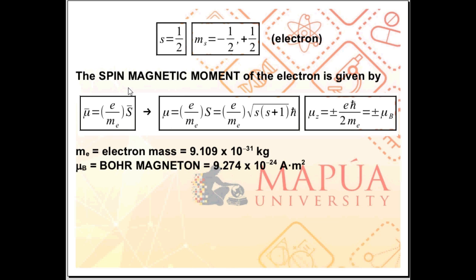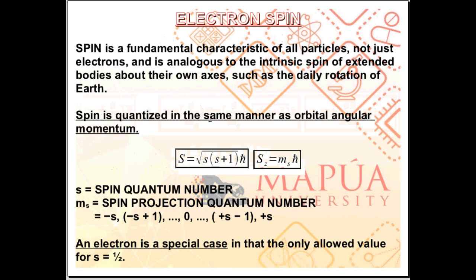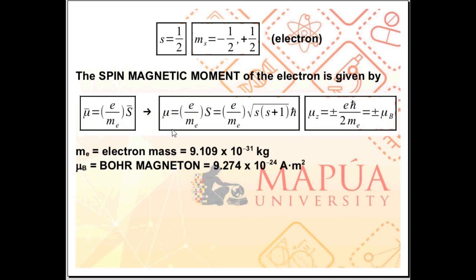You have the spin magnetic moment mu. The magnitude of mu is given by mu equal to e over me times the magnitude of S, and the magnitude of S, you will recall, is the square root of s times s plus 1, times h bar. So we have our equation for the magnitude of the spin magnetic moment: mu is equal to e over me times the square root of s times s plus 1, times h bar.